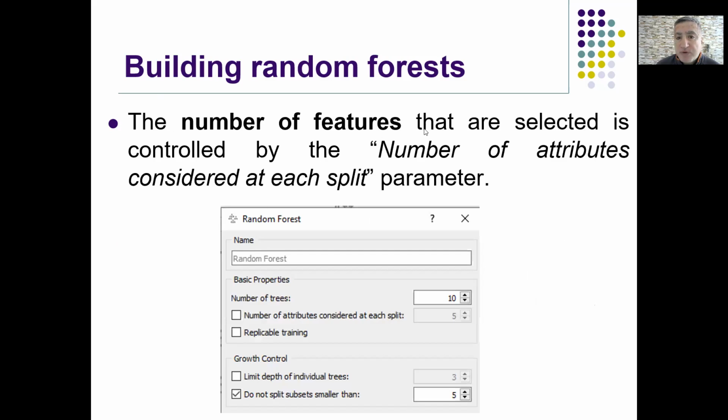So the number of features that are selected is controlled by the number of attributes considered at each split parameter. Here you see that when you click this, you can put a number. So maybe in the original data set, you have 15 features.